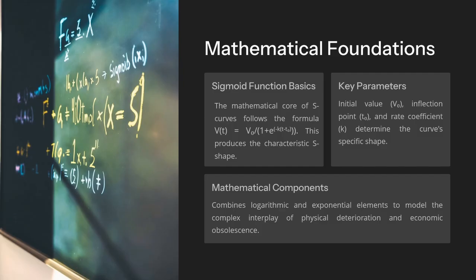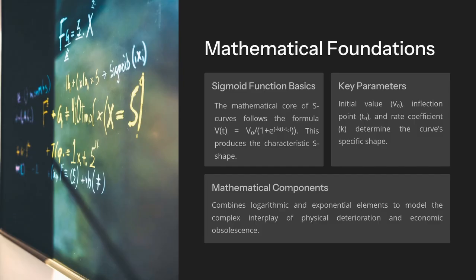So, sigmoid function basics. The mathematical core of S curves follows the formula Vt equals V0 divided by 1 plus e raised to the power minus k into (t minus t0). This produces a characteristic S shape.